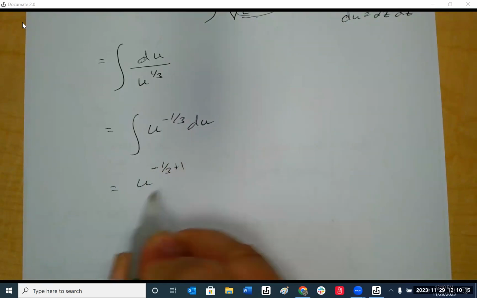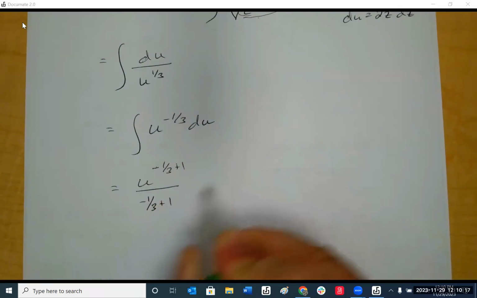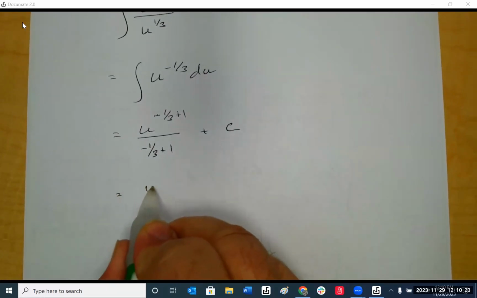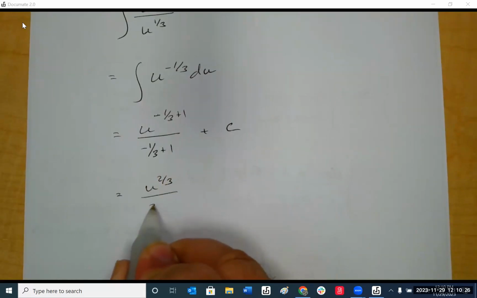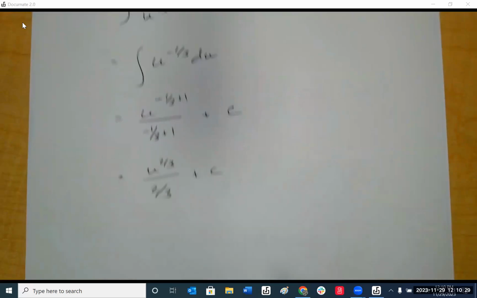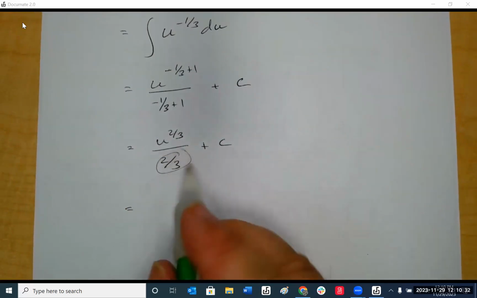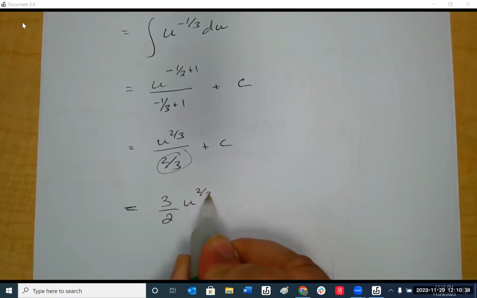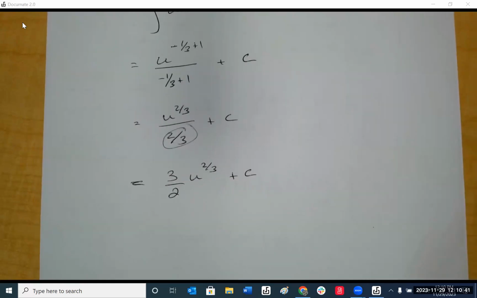Negative 1/3 plus 1, negative 1/3 plus 1, plus C. So that becomes reciprocal, so it's 3/2, and just plug it back in there. 3 cube root of z squared plus 1 squared over 2 plus c.